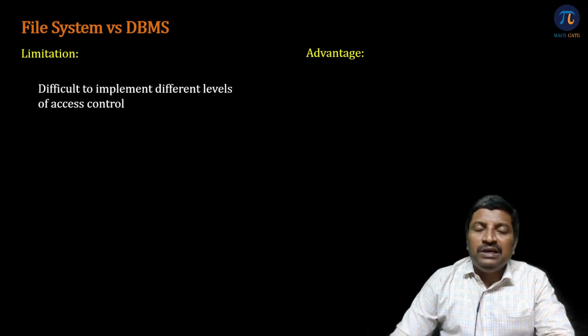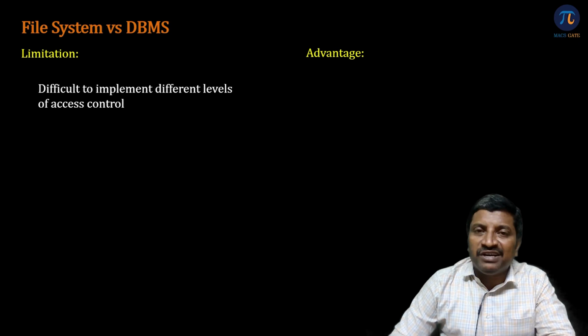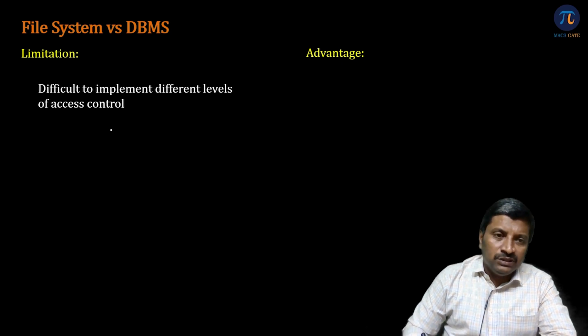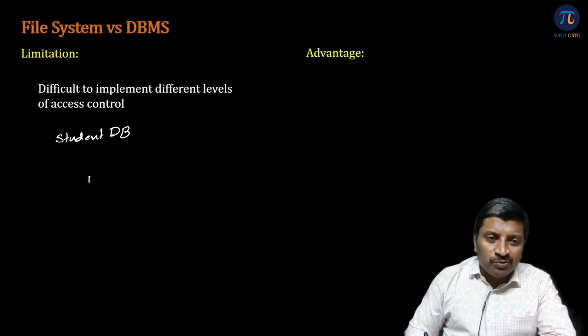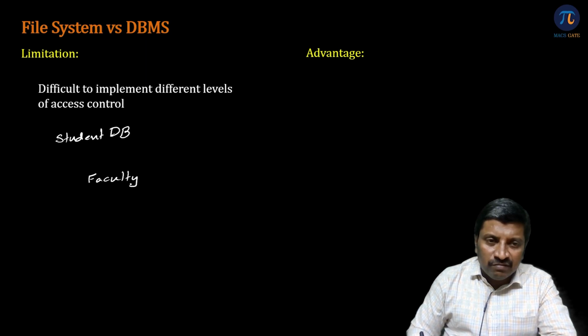The next one, difficult to implement different levels of access control. Let me give the example of a student database. Let us suppose that we have details of students. Now let us suppose that I have two users. One is faculty.